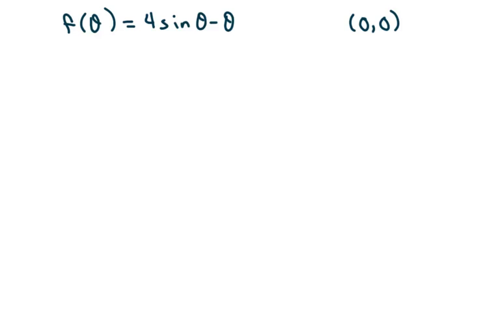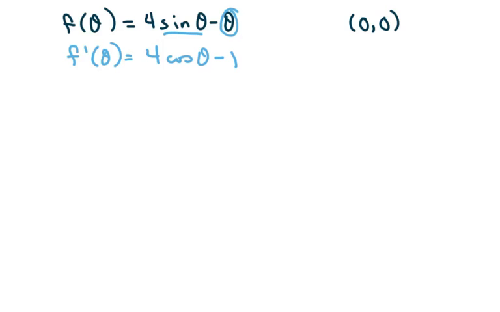And the next one we have has a trig function. So basically on this one, we've got the derivative of f, and that's going to be, remember the derivative of sine is just cosine, and the derivative of theta is just going to be 1.